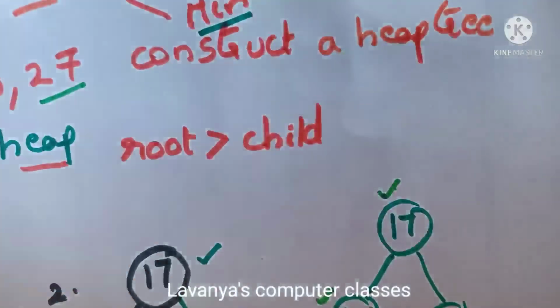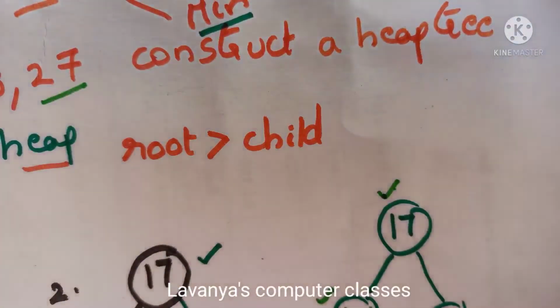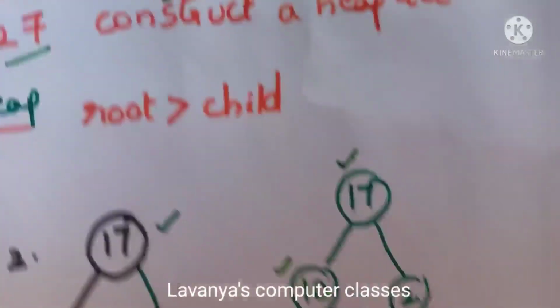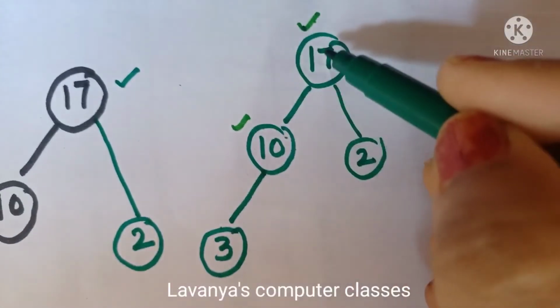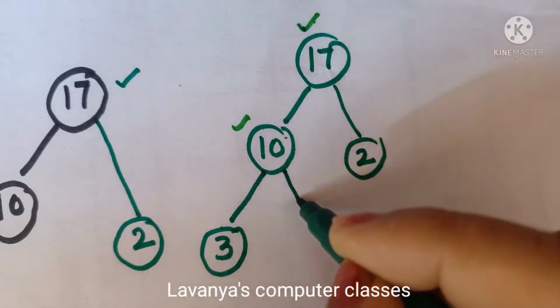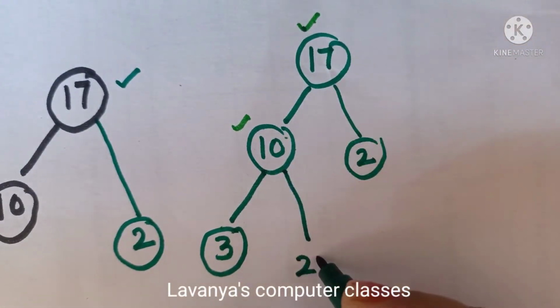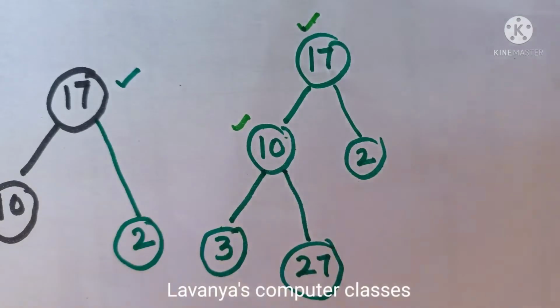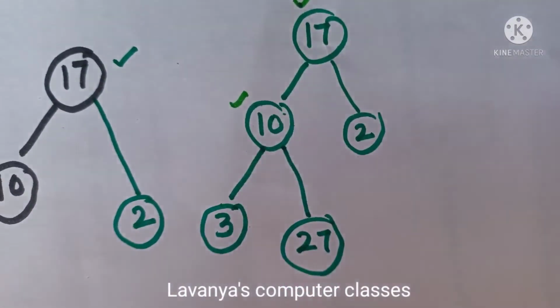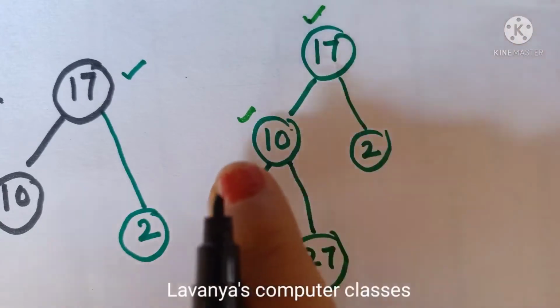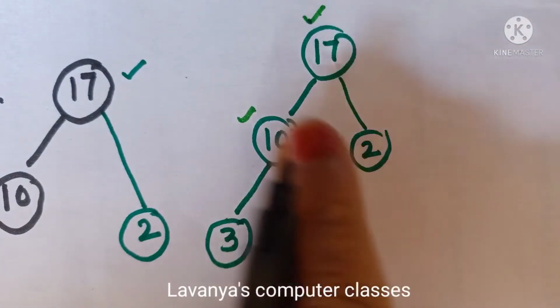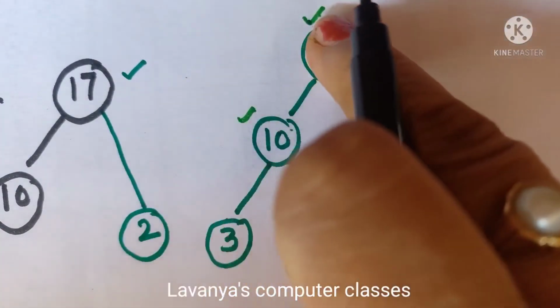Then the last element is 27. Keep 27 as the right child of 10. After keeping this, check the property again. The root node is 17, and both its children, 10 and 2, are smaller than 17. No problem.